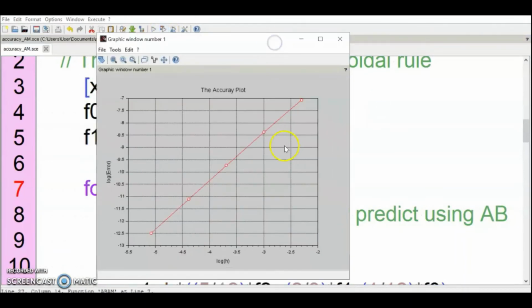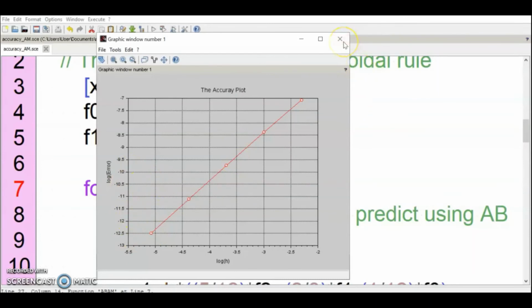There you go. So I can see that when my x is 3, x3, and then 4, x2 minus x1, which is 1 here, that will give me 8 point something and 10 point something, which is giving you a slope of 3. So this says that as the step size reduces, the error decreases. The error is very small. It's a log, 10 to the power of something here.